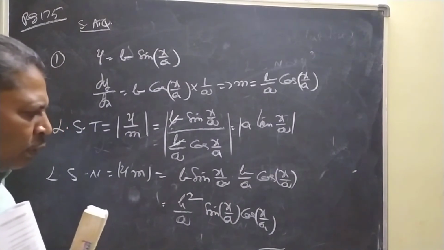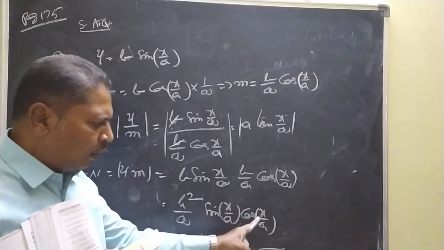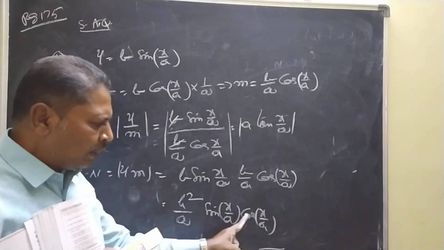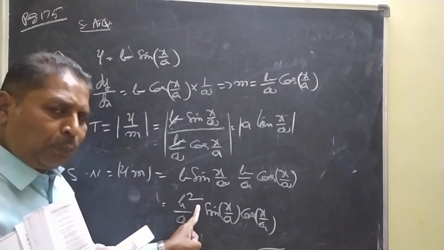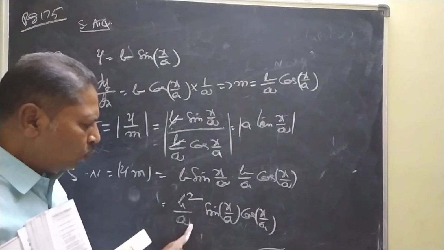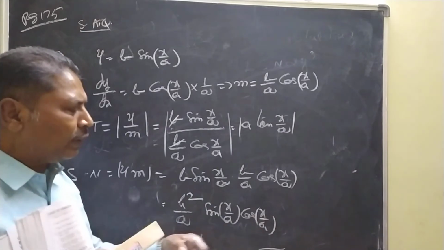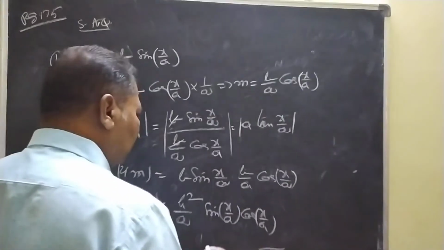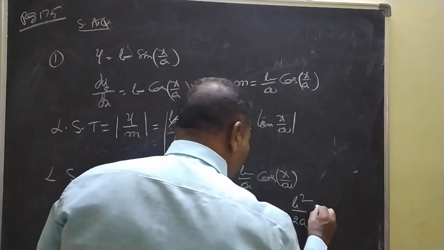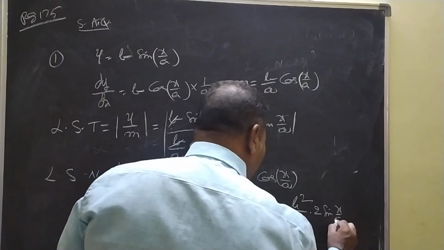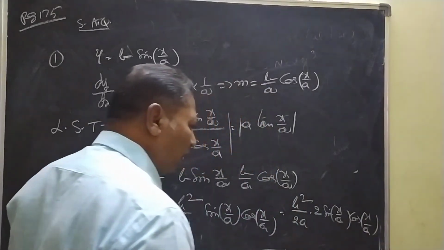Actually, problem is over, but sin theta cos theta, so multiply and divide with 2. 2 sin theta cos theta, we apply sin 2 theta formula. So next step is b square by 2a, 2 sin x by a cos x by a.